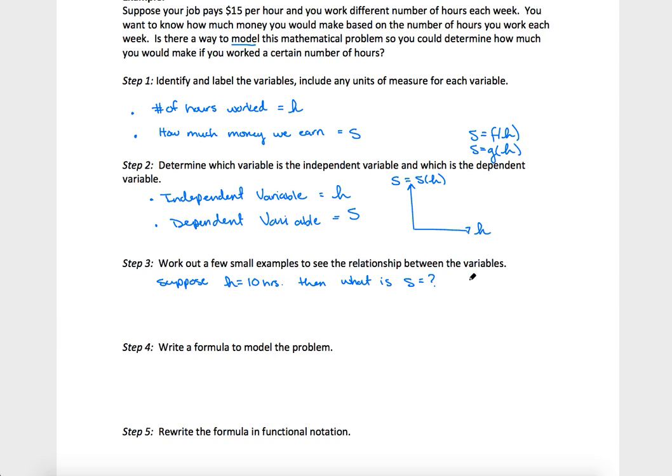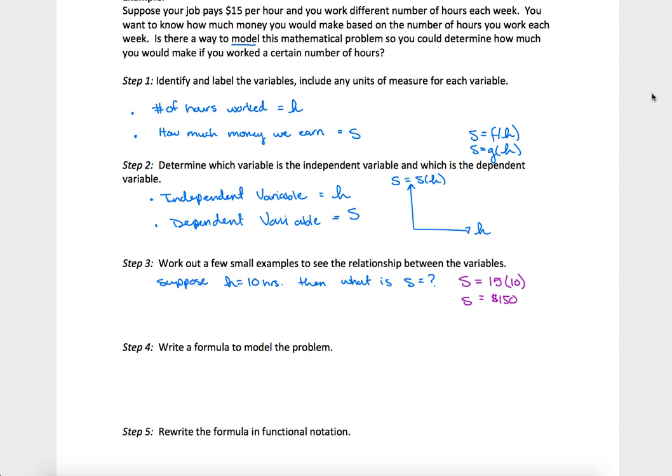We know that we make $15 an hour. So if I want to know what S is, we would take the $15 that we earn per hour, and we're saying suppose we work 10 hours. So then we would multiply that by 10, okay? And that tells us that S is equal to $150.